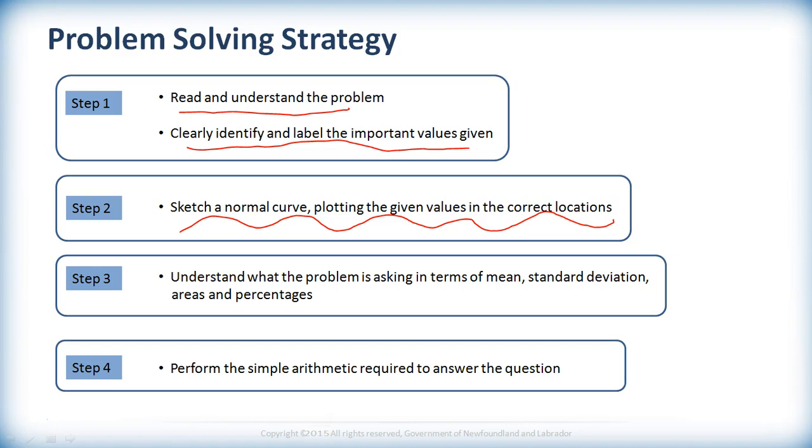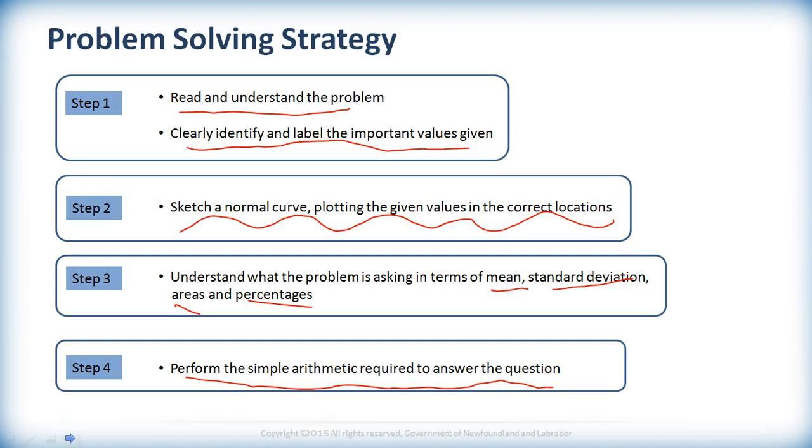Then understand what the problem is asking in terms of the mean, the standard deviation, areas, and percentages. Because those four things are really all we know about, but they're going to help us a lot. And then we just perform some simple arithmetic, because that's usually all that's required, in order to answer the question.